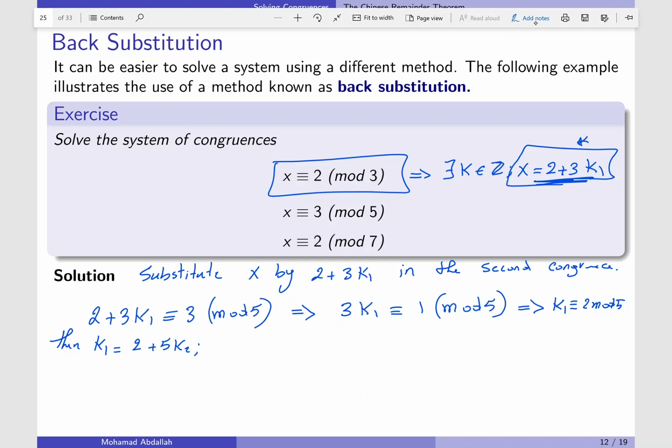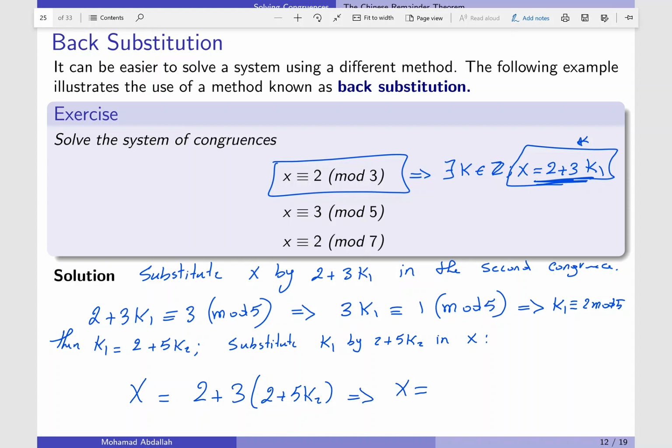So substitute k1 by 2 plus 5k2 in x. This means that x is equal to 2 plus 3 multiplied by 2 plus 5k2, which means x is equal to 2 plus 6 is 8, plus 15k2.